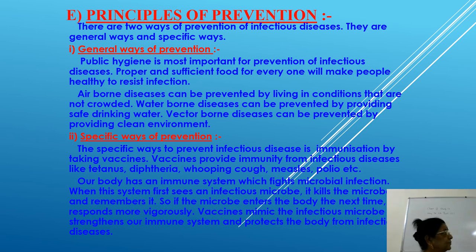You should learn that presentation, where I have mentioned the causative agent, symptoms, tissue or organ it affects, and treatment and prevention. We have studied that. And then infectious and non-infectious agents as communicable and non-communicable diseases. I hope you are able to follow this.